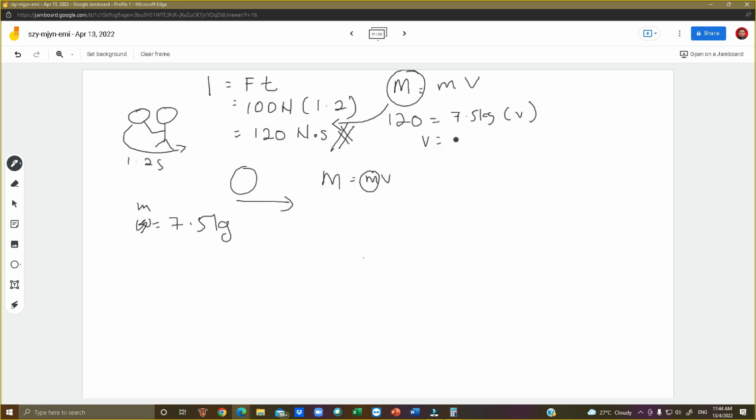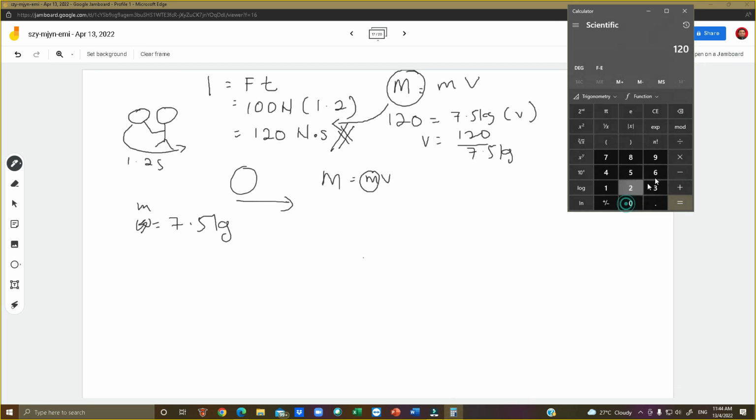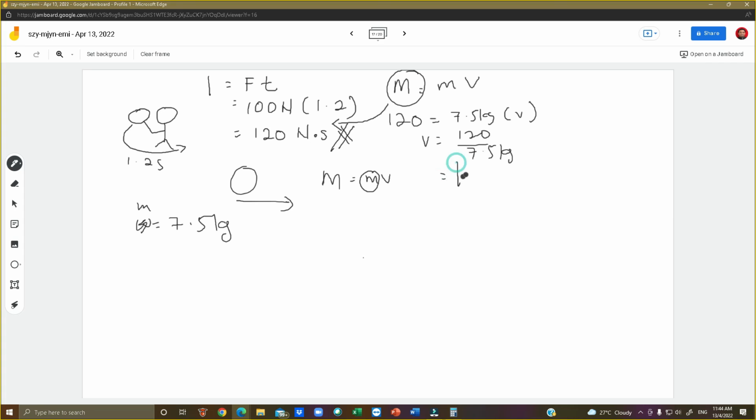So velocity-nya ialah 120 divide by 7.5 kg. 120 divide 7.5, dia dapat 16. It will be 16 meter per second. This is the speed of the ball. Okay, so we know that the ball velocity here is 16 meter per second.